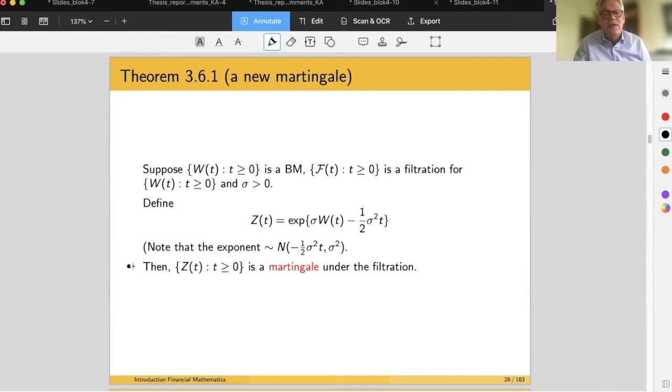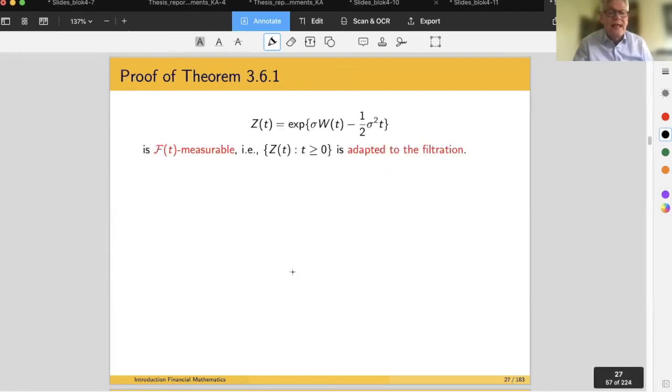And the second one is the important condition for martingales: the expectation of Zt under the filtration, the knowledge level up to time s, should be equal to Zs. So the expected value of Zt given Fs is in fact Zs.